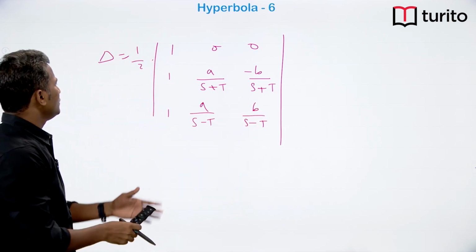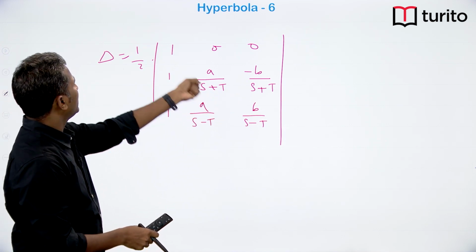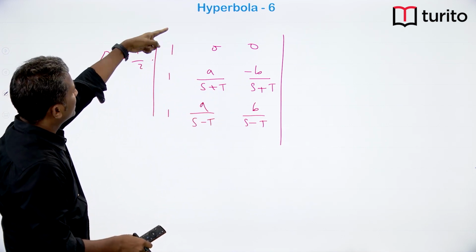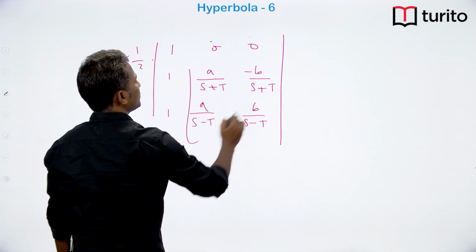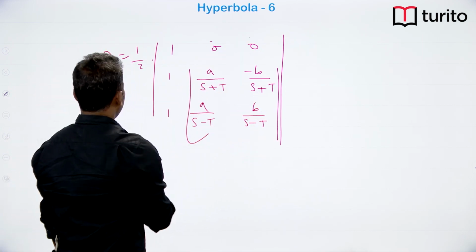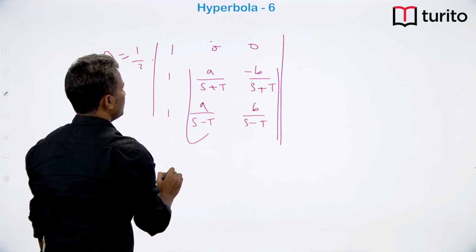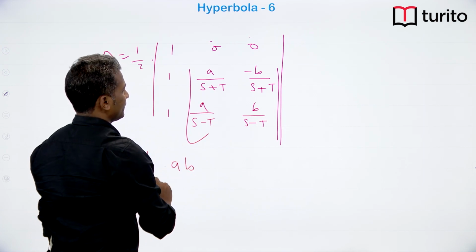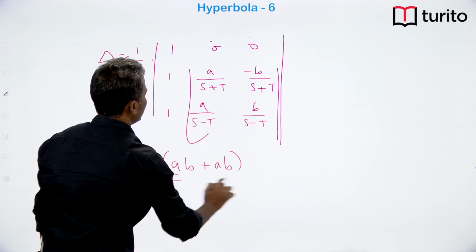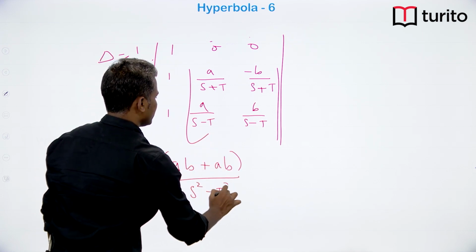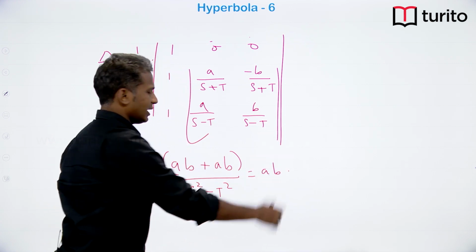Here also we can use the similar idea. Let us say if I just take the determinant of this 2 by 2 form, because already there are zeros here. So, we are going to get something like half into AB plus AB divided by s square minus t square. So, here we just got AB.